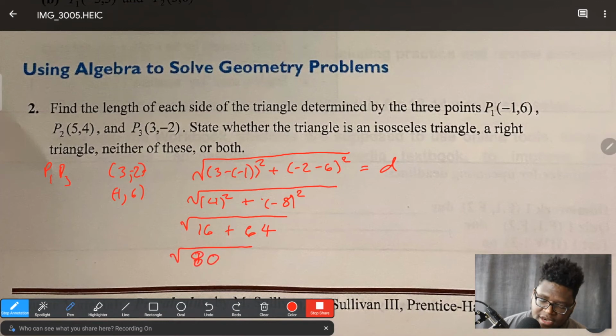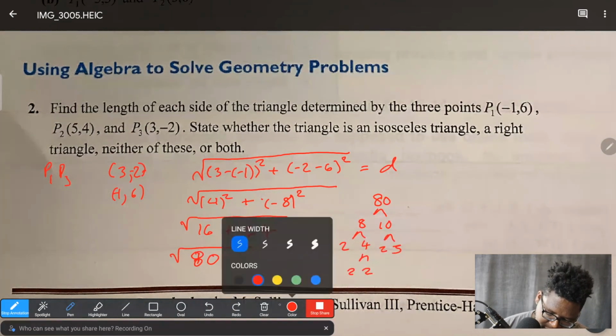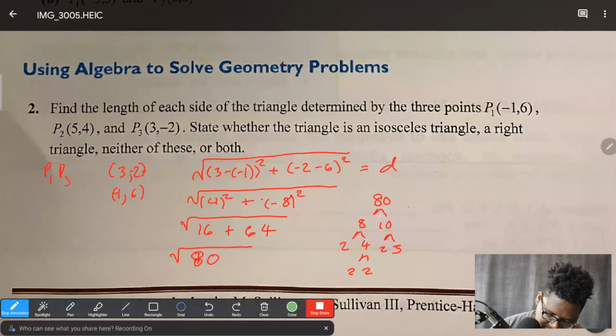All right, now 80 we can break down. 80 breaks down into 8 times 10, which breaks down into 2 times 4, 2 times 5, and 2 times 2. So we're looking for pairs once again. Looking for these pairs, we've got 2 and 2, 2 and 2, so we got 2 pairs here.